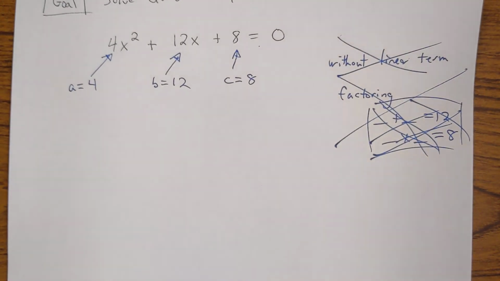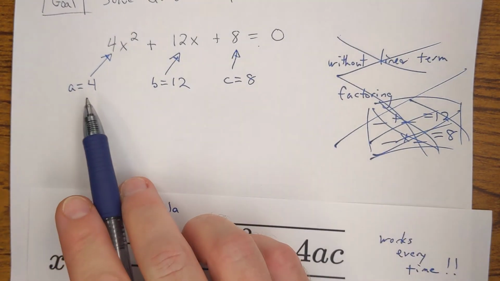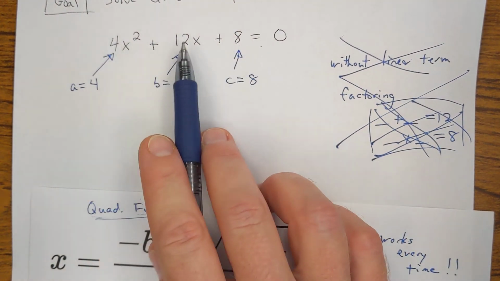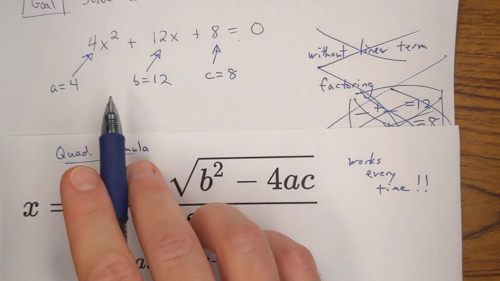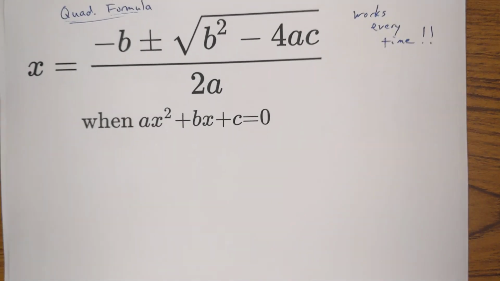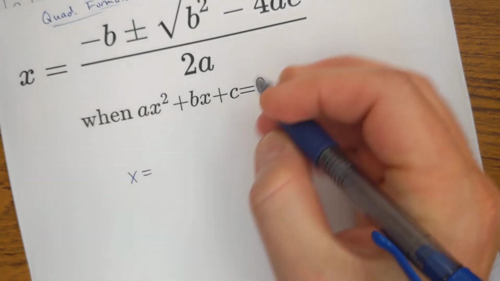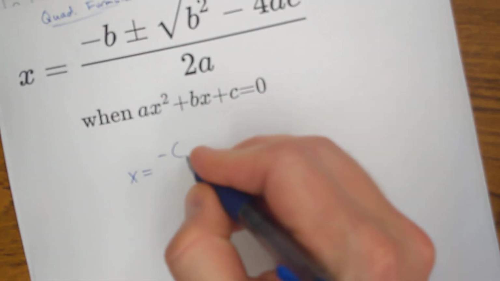And now it's a matter of plugging these numbers in, and in this case, they're all positive. In some cases, you can definitely have a negative. But now we're going to take these numbers, the 4, the 12, the 8, and plug them in for a, b, and c.